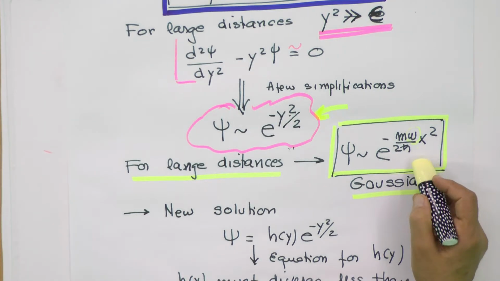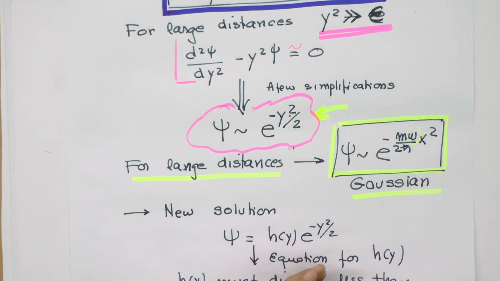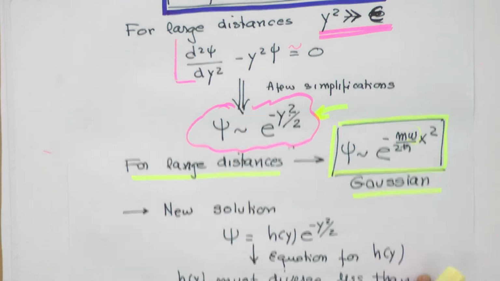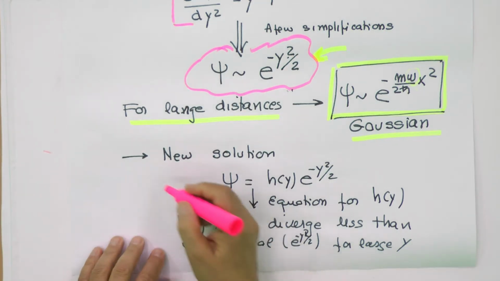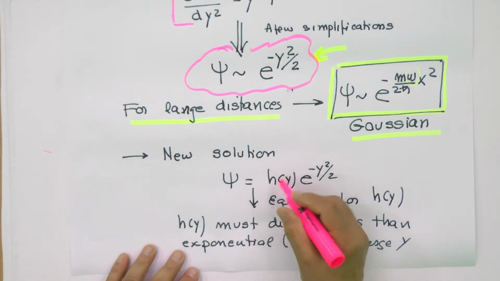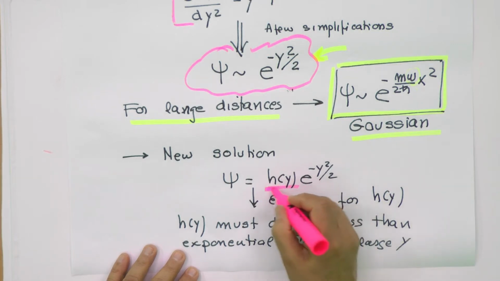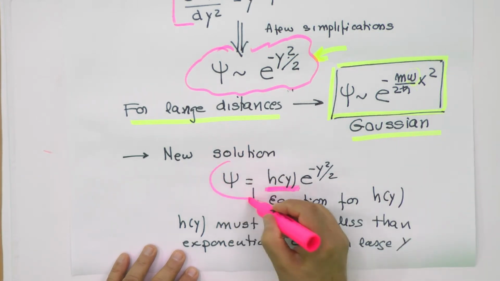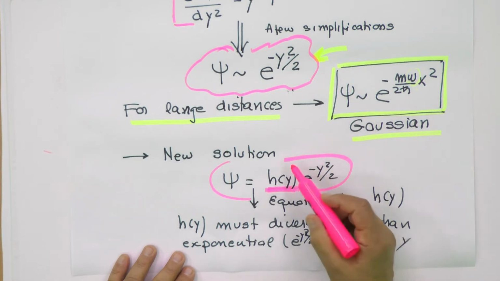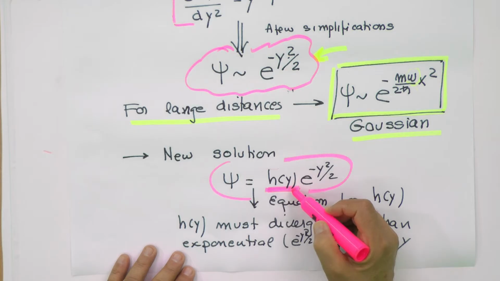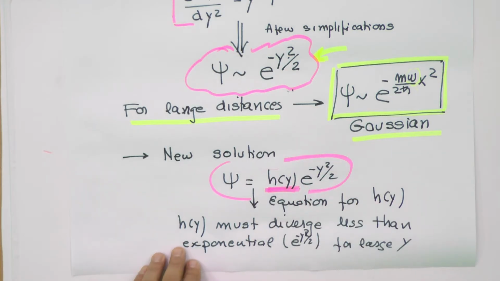If I have this there, it is reasonable to suppose that the new solution is a function h of y times the Gaussian, with the constraint that this function does not blow more than the Gaussian decays when we go to large distance.